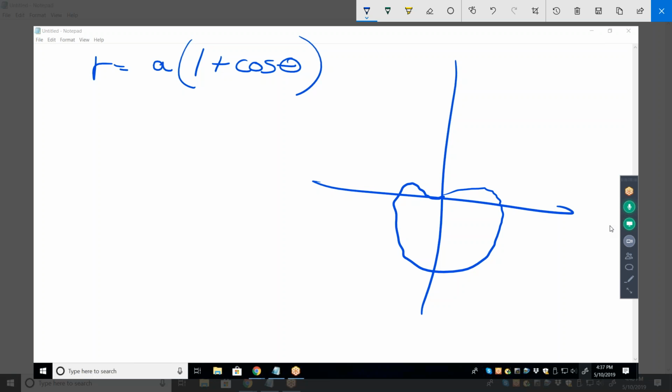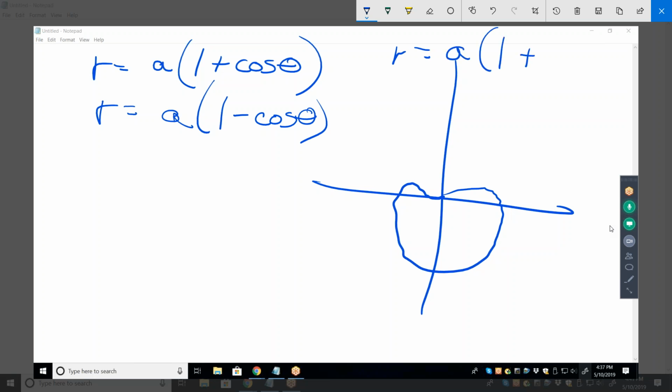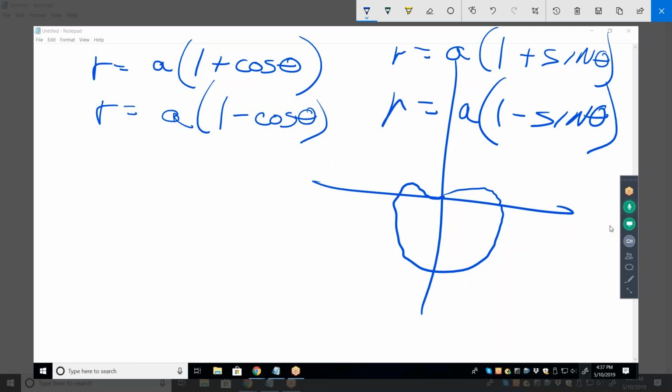The other three have this kind of form. So whenever you see a polar equation of this format, you know it's a cardioid, just like the polar equation for a circle.